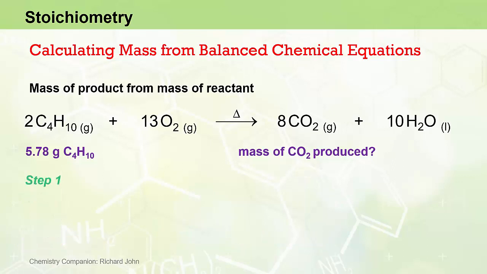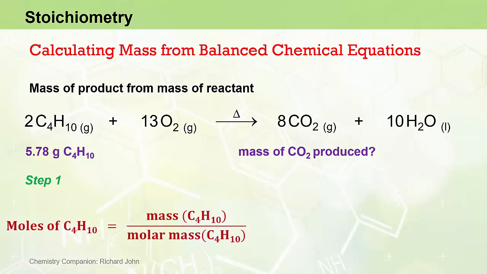So let's go ahead with step 1, calculating the moles of butane in 5.78 grams. Using the molar mass equation, we get moles of butane equals the mass of butane divided by the molar mass of butane, which is equal to 5.78 grams, that's the information we've been given, divided by the molar mass of butane.